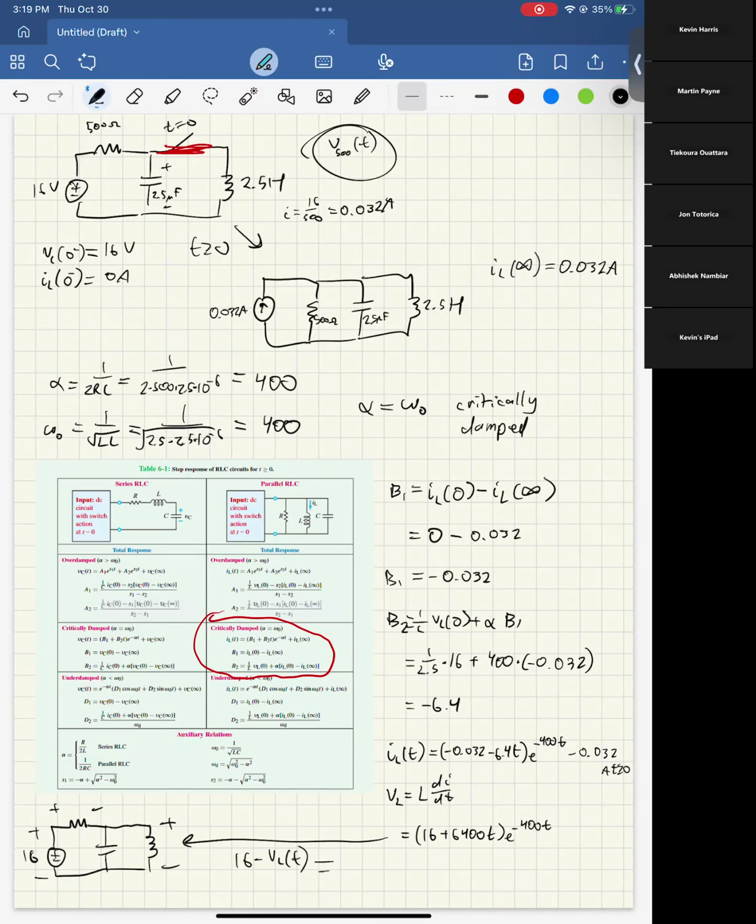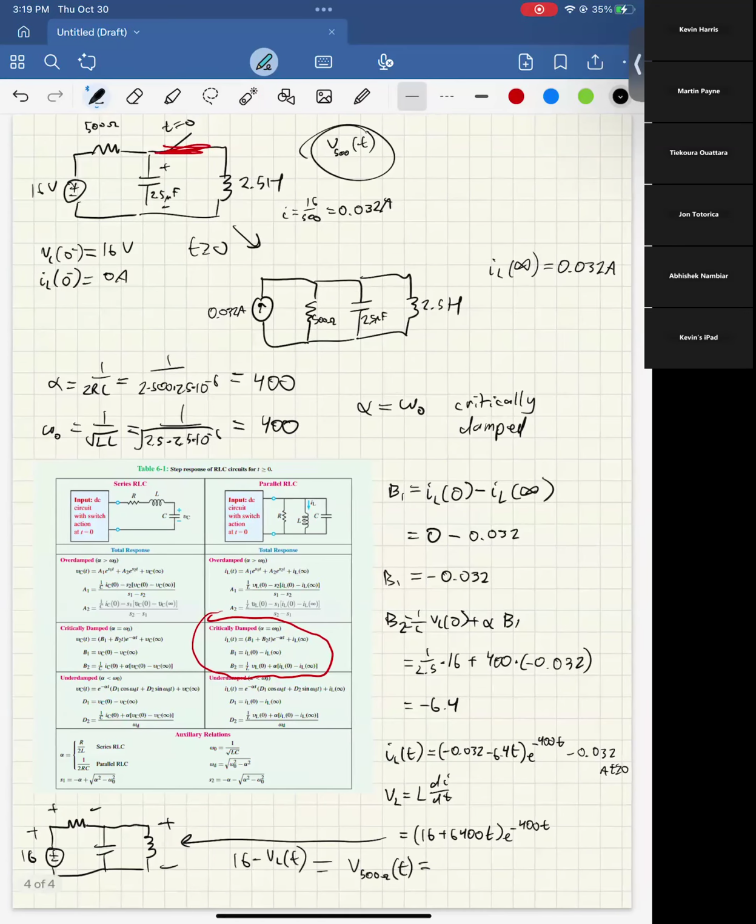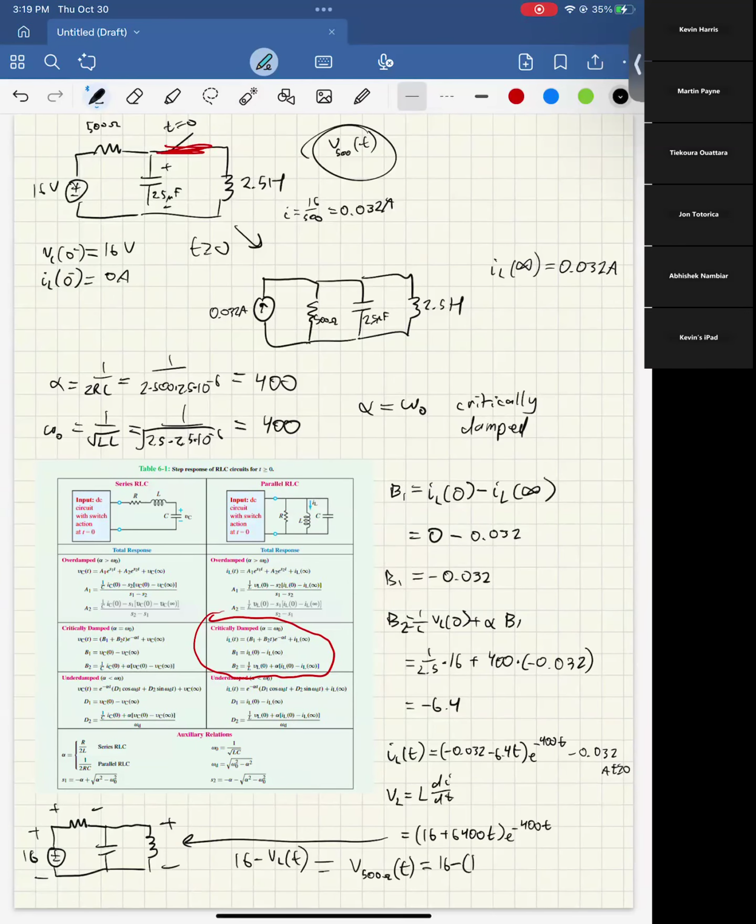So the voltage across that resistor is going to be 16 minus 16 plus 6400t e to the negative 400t, in volts, for time greater than or equal to zero. So that was a lot of work.